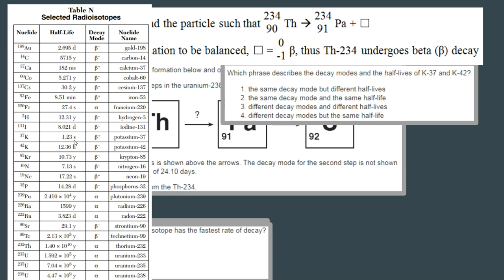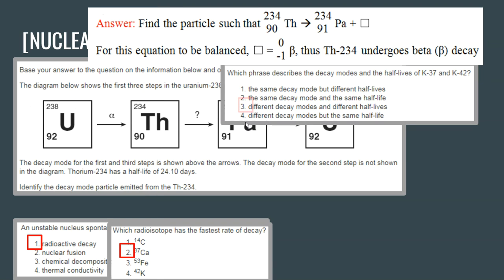Notice that potassium-37 takes 1.23 seconds to decay, and potassium-42 has a half-life of 12.36 hours. Therefore, they have different half-lives. The decay mode for potassium-37 is beta plus, and potassium-42 has beta minus, so they also have different decay modes. Therefore, the answer choice is 3.